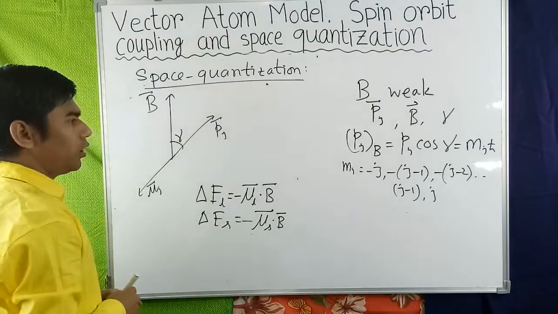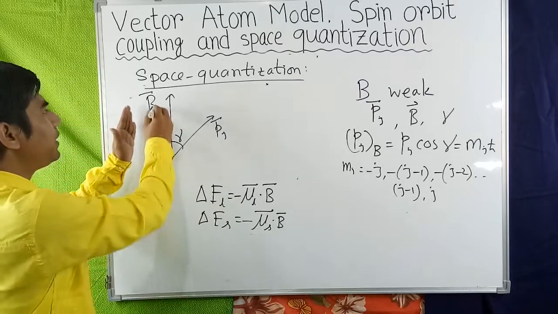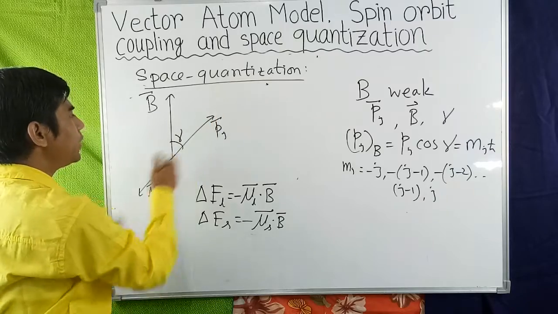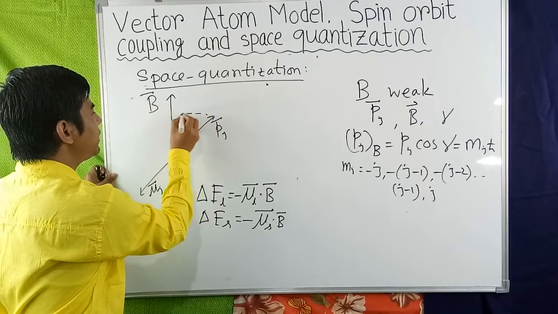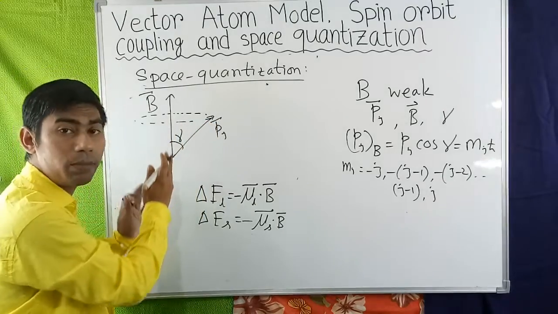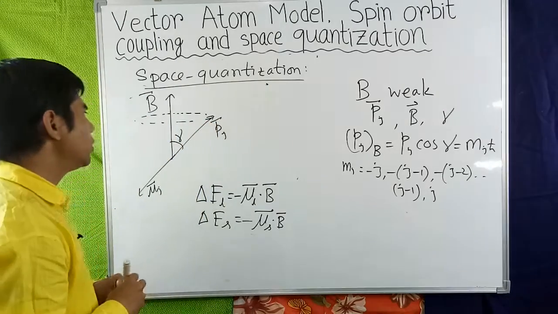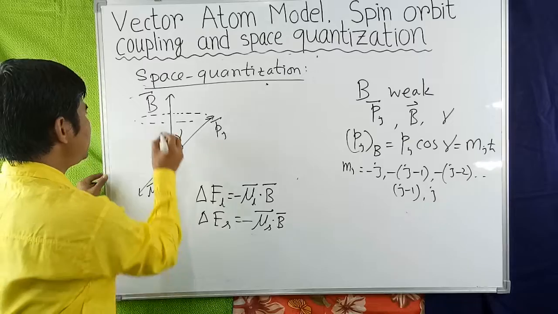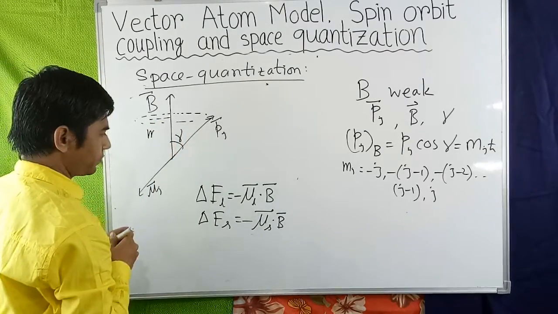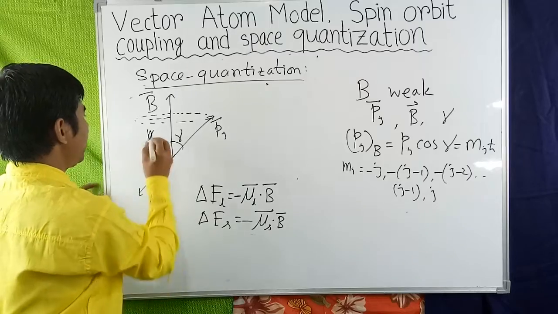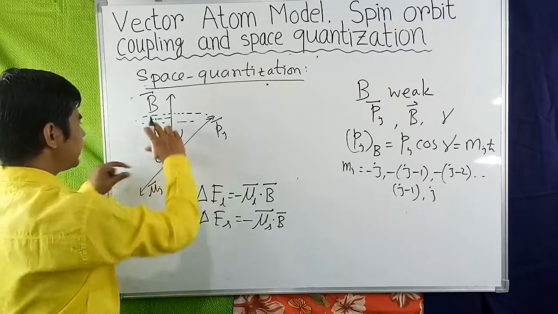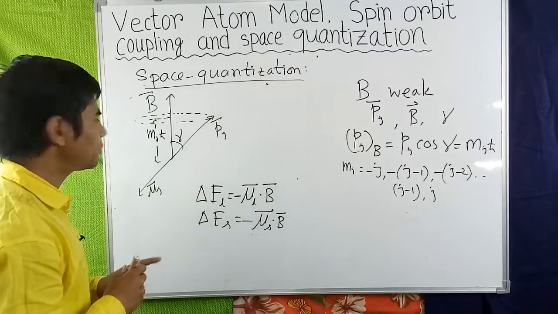Now in this case, when B is relatively weak, PJ will precess around the direction of B, maintaining constant angle gamma with B. So this is MJ into h cut, and this is quantized.